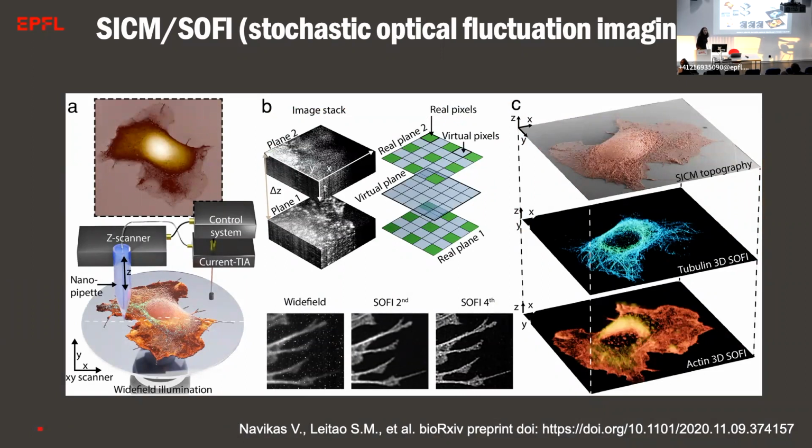So here again, in collaboration with Georg's lab, we combined the two microscopes on the same platform. On a typical optical microscope, we could place a nice compact scanning ion conductance microscope, and at the same time or sequentially acquire these two types of imaging modalities.